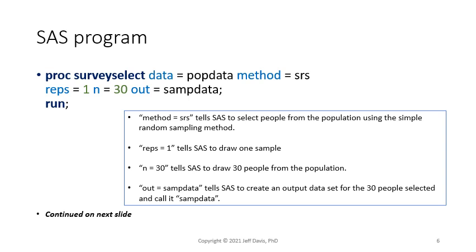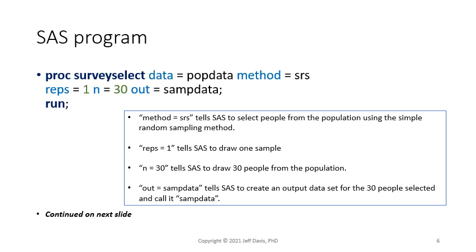All the options that follow proc survey select, data equal pop data, method, reps, in, out, all of those tell SAS how to pull the sample from the population, and what to do with the data after it creates it.